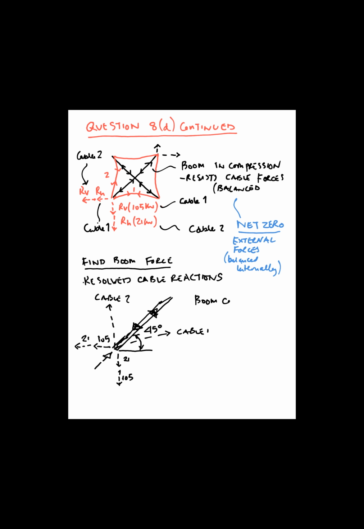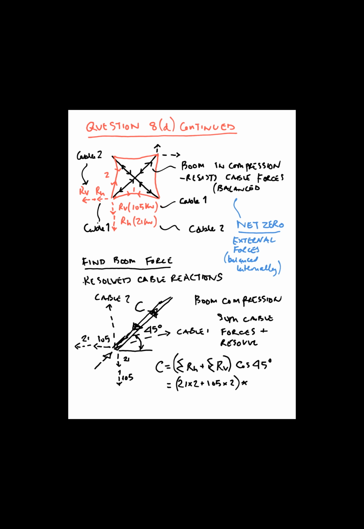So the resolved force in the boom, the compression force, is given by the summation of all the reactions, and it's 45 degrees, so it's similar for the RV and RH, it's times cos 45, and we put in the figures, and we have a boom force of 174 kilonewtons.